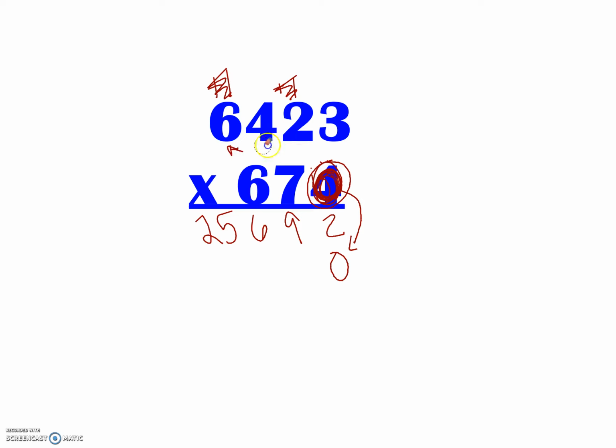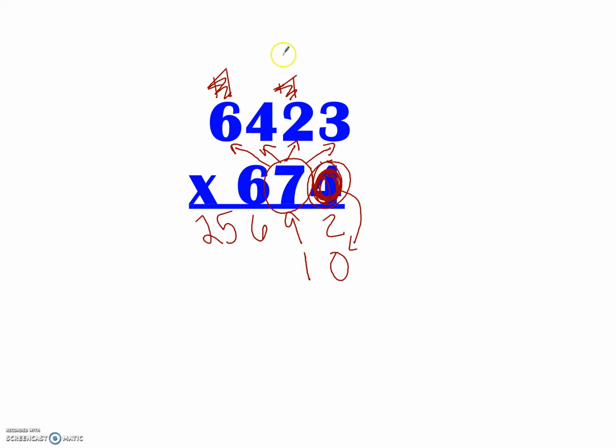Alright, now we're going to focus on our 7, distribute it out. So 7, we distribute to the ones, then tens, then hundreds, and then thousands. So 7 times 3 is 21. Our ones place goes in the answer.